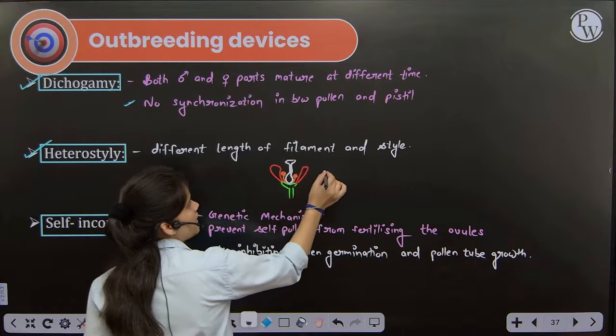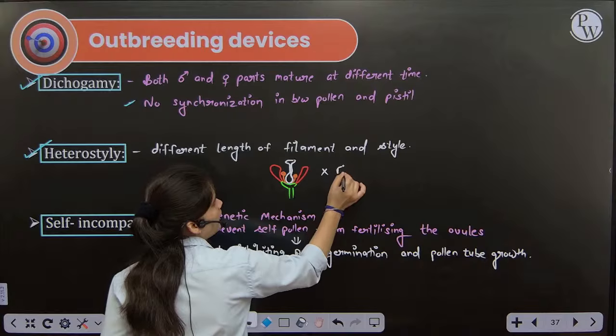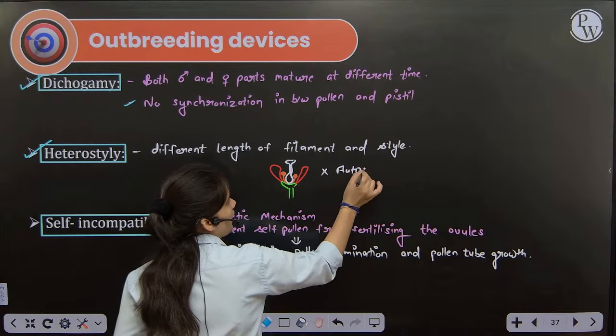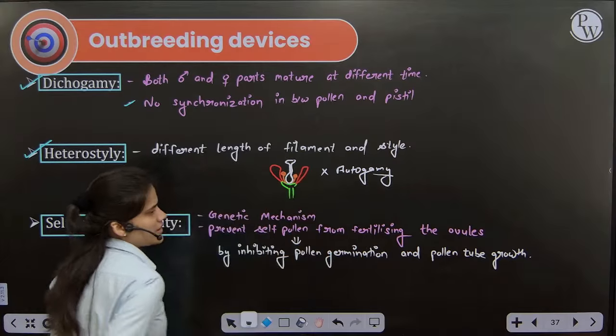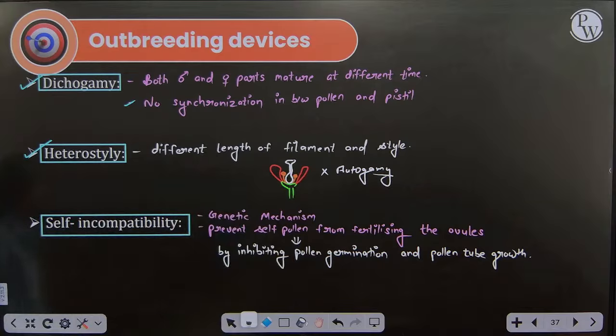There are fewer chances of autogamy, although both male and female parts are present within the same flower.